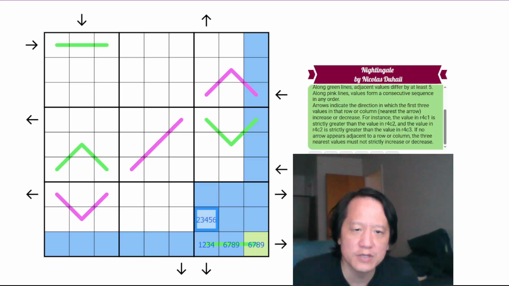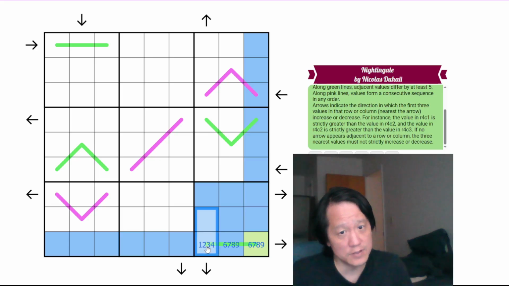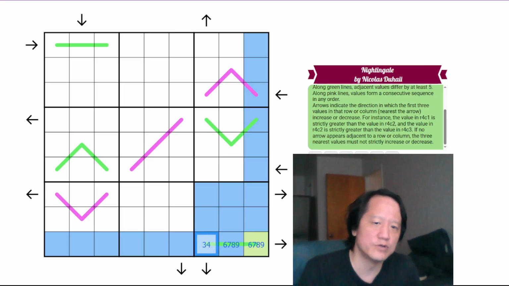It's increasing going this way, it's increasing going this way. So this has to be greater than this digit, which is greater than that. So this is less than these 2 digits. So no 1, 2 here. This is 2, 3 as possibility, and this is 1 or 2.